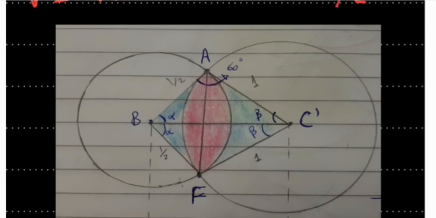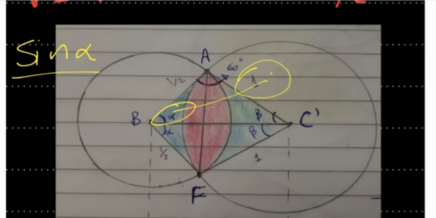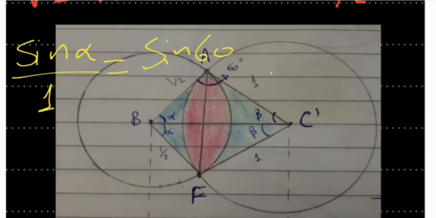So look, sine of alpha divided by what? By the opposite. Opposite of alpha is 1. Divided by 1 is equal to what? To sine of 60 degrees, this 60 degrees, divided by what?